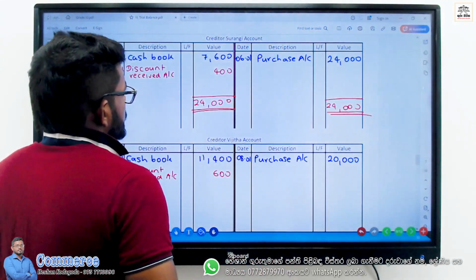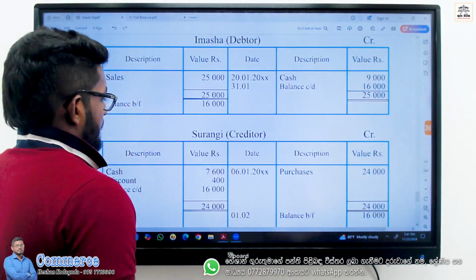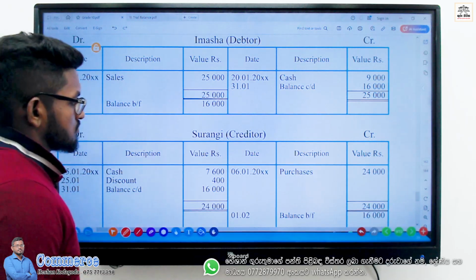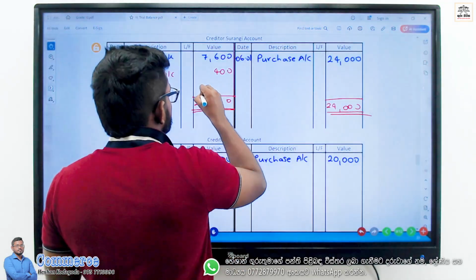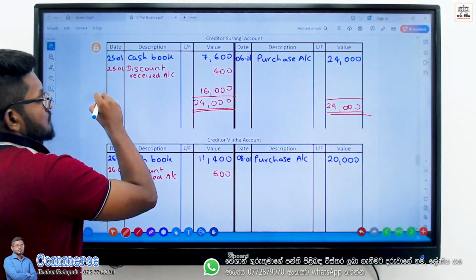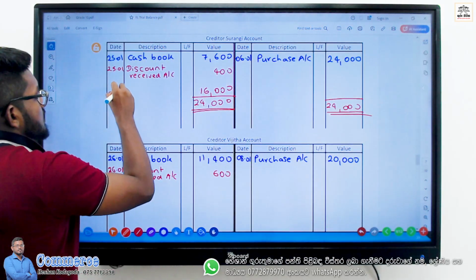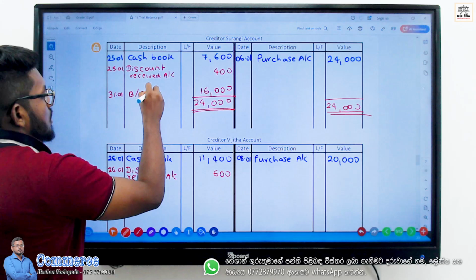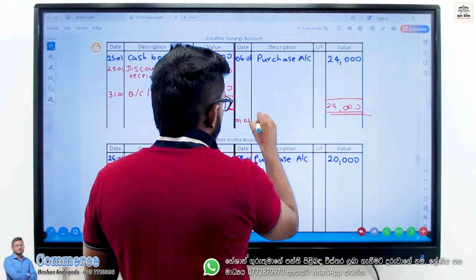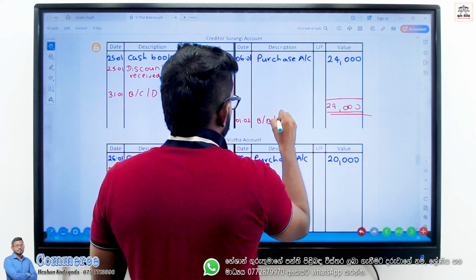So in here, it's 16,000. Thirty-first of January, balance carried down. 1st of February, balance brought forward.